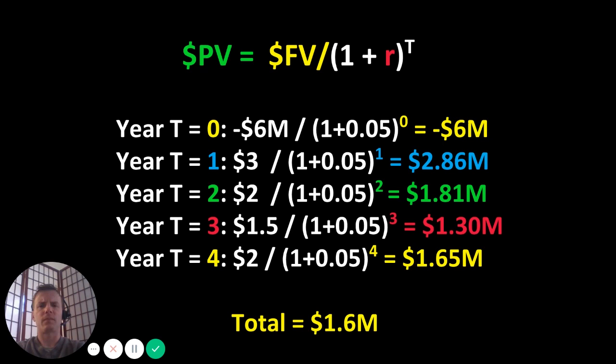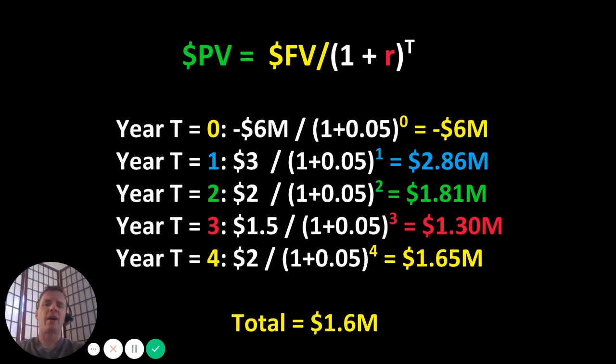So let's say today we lose $6 million, so our FV is equal to minus $6 million in that first line. We're dividing by 1 plus 0.05, since our discount rate is 5%. And we're raising what's within the parentheses to the power of t, which in this case is 0. If you take anything to an exponent of 0, you just get 1.